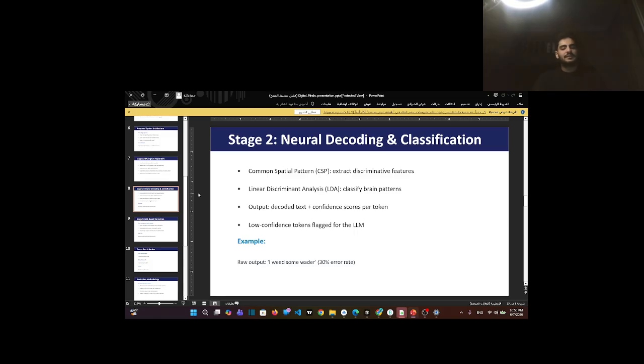This sentence is clearly wrong, but it is close enough to the intended meaning. The words "weed" and "water" may have low confidence, so the LLM knows where to focus. Instead of blindly rewriting everything, the LLM can make targeted corrections.